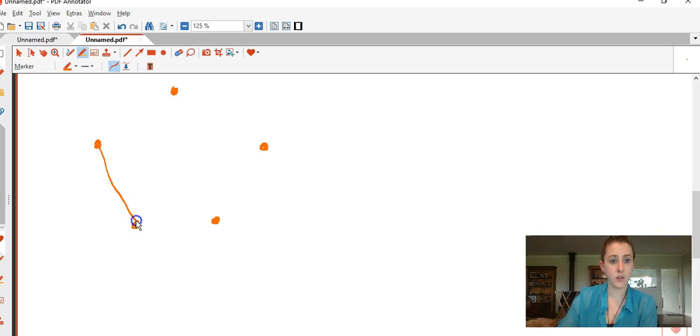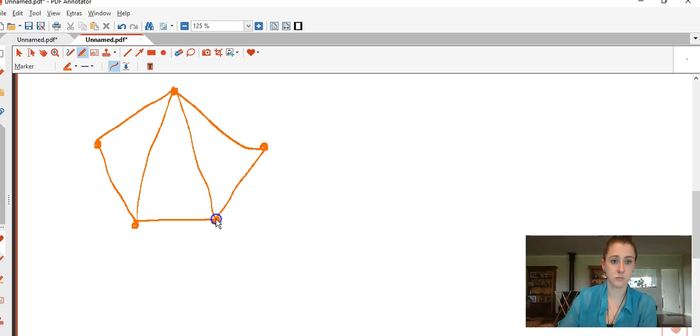So I'm just going to quickly draw up this graph. Okay, so it's asking for the number of vertices, firstly.